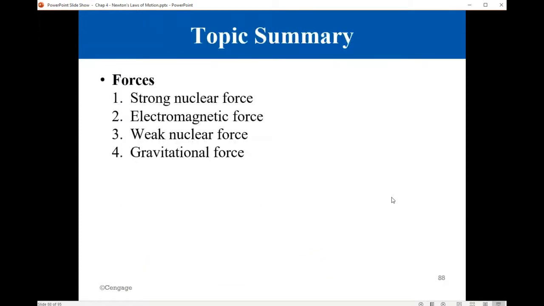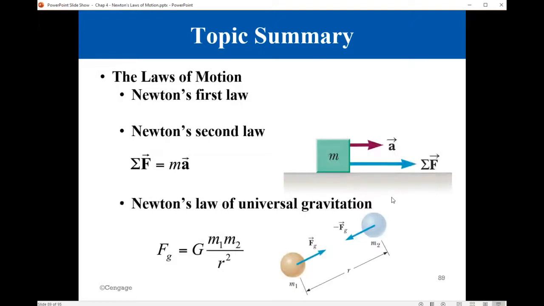What we learned in this chapter: we learned about forces, the 4 types of forces: nuclear, electromagnetic, weak, and gravitational. We learned that forces may be contact or field forces. We learned Newton's first law, which says that an object at rest will continue to be at rest, or in motion with constant speed will continue in that situation, unless compelled to change that by an external force.